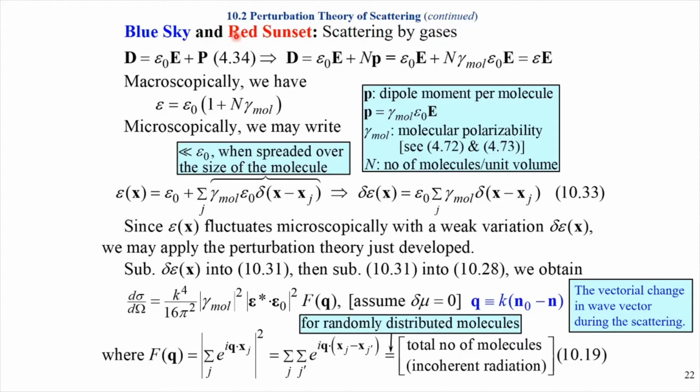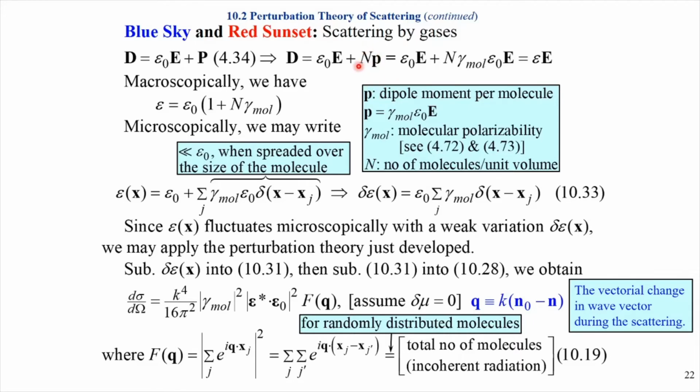So D is equal to epsilon 0 E plus P. P consists of many dipoles. So N here means the number of molecules per unit volume. p is the dipole moment per molecule.